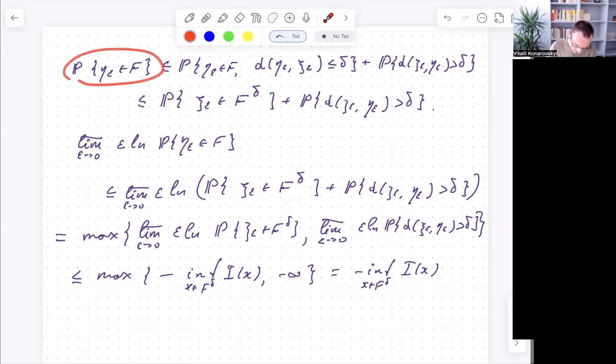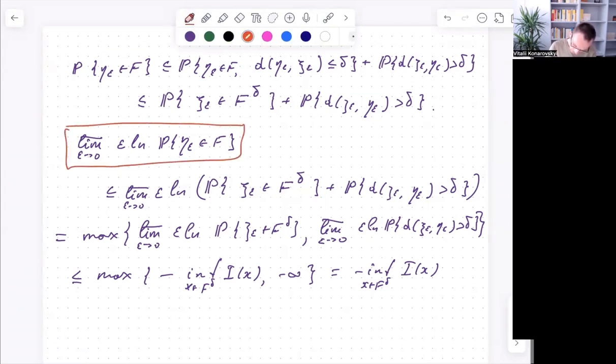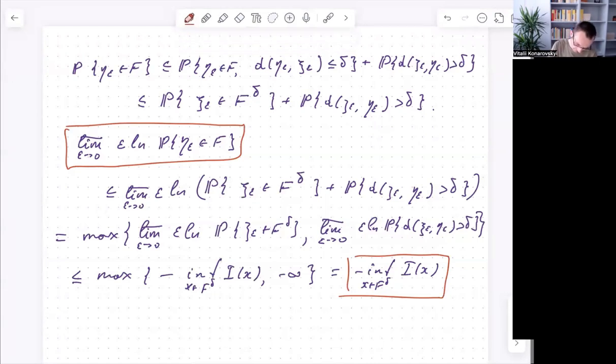You see that we estimated that limit by that infimum for each positive delta.